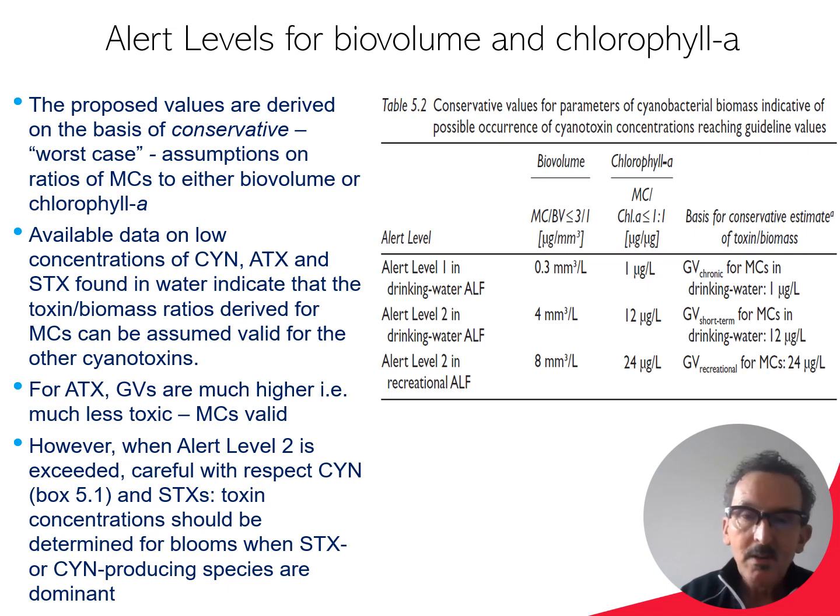If you go up to the next level, level 2, to 4 millimeter cube, and above that even 8 millimeter cube, you can see how that starts to correspond to high levels of microcystins. So even if you don't do frequent, say, weekly measurements of cyanobacterial toxins, but you're able to do microscopy, you can still get fairly reliable estimates of the risks that you're dealing with.